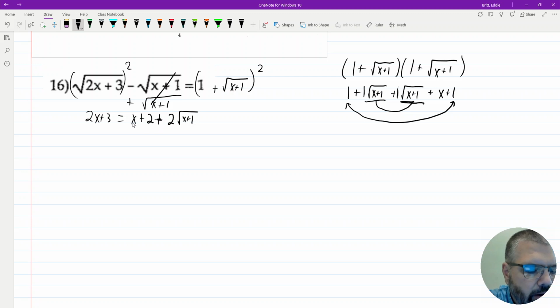So you can see I have a positive 1x, so I want to subtract x, and a positive 2, I want to subtract 2. And I'm going to move those over to the left side of the equation so I can get the radical by itself. So now I have x plus 1 equals 2 square roots of x plus 1.